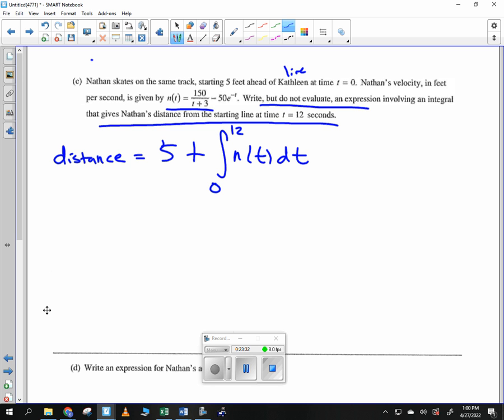Now, did anybody put anything different? What'd you put? I put the integral 0 to 12 of n of t plus 5. You put the plus 5 before the dt. That would be incorrect. Did anybody use the absolute value? Okay. So, in this situation, we're going from 0 to 12. I want everybody to think of this for a second.